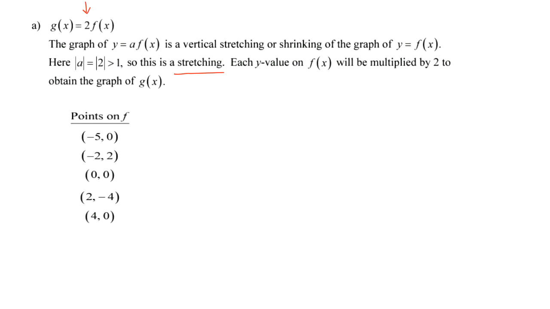Because when something is multiplying my function in front of it, it's affecting the y coordinates. Therefore, I have to take the original point and make a change in my y's. So I'm going to multiply each y by 2. So I'm changing it, and the x's are going to stay the same.